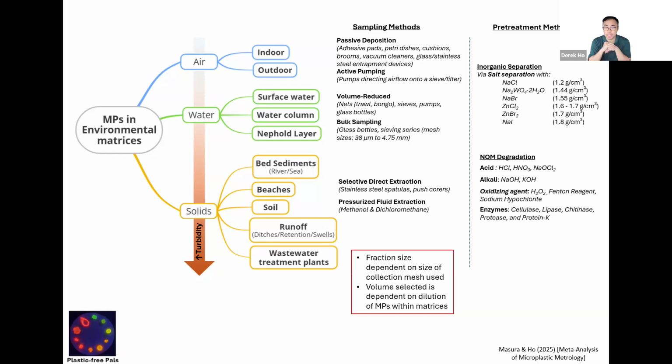Oxidizing agents do work, except they may not have as much degradation potential as alkali. And for enzymes, it is least abrasive and damaging to the polymer structure. However, it may take a very long time, or a couple of days, to go through all these different enzymes. It's slow and it's expensive.